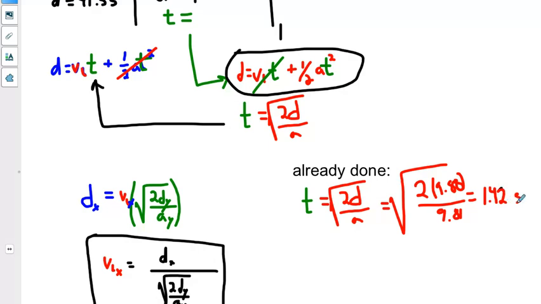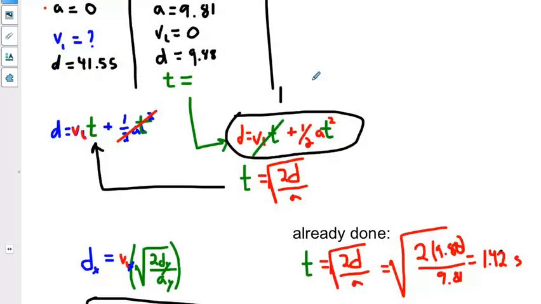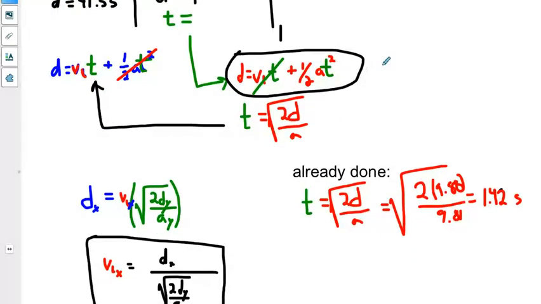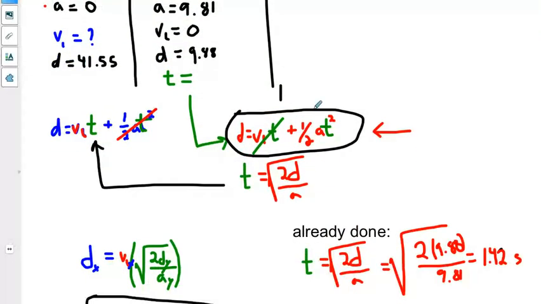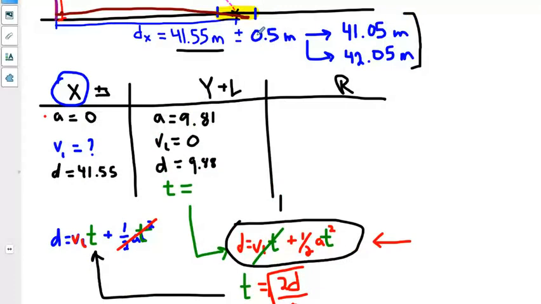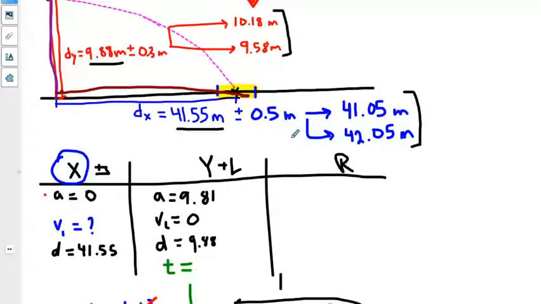What I'm telling you, you're going to have to do now. You don't have to make the whole chart again. There's no reason to make the whole chart again. What you have to do is redo the substitution, the plug-in. Except now, you're actually substituting based on this comment right here. You see this? You plugged in 9.88 the first time. Now I want you to do it twice more.